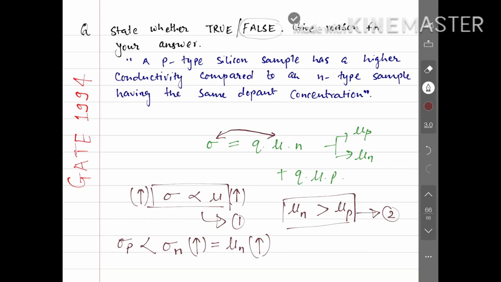This statement says that p-type material, where holes are the majority, has higher conductivity than n-type material, where electrons are present.